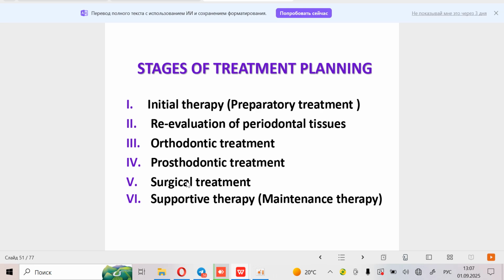If the periodontal indicators are normal and the patient has malocclusion and dental deformation, we plan orthodontic treatment. If the patient has defects in teeth and dentition, we plan prosthodontic treatment. If necessary, we also plan surgical treatment of periodontal tissue. And the last step, always, is supportive therapy or maintenance therapy.